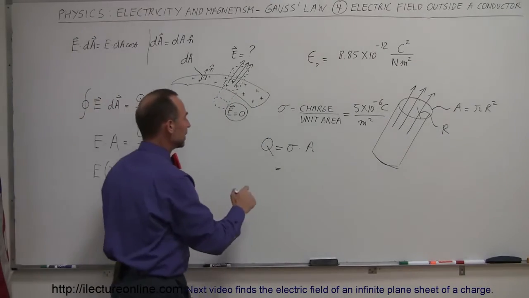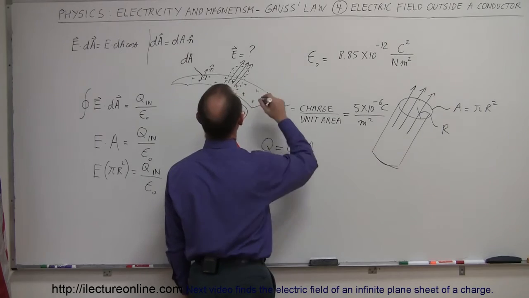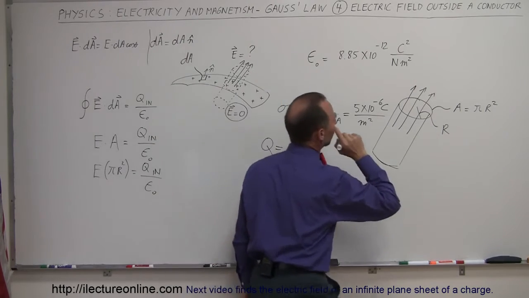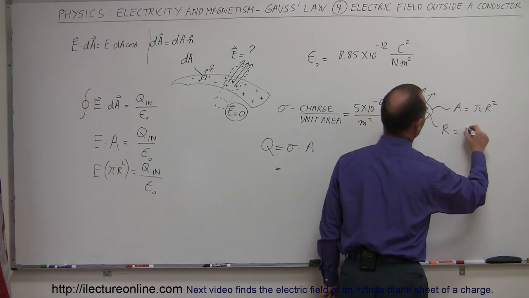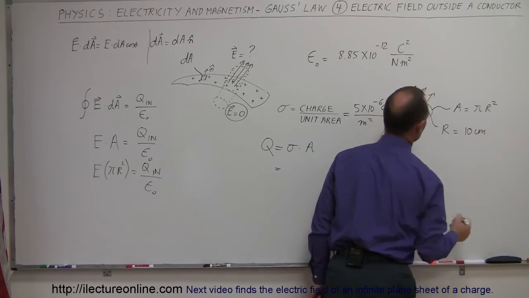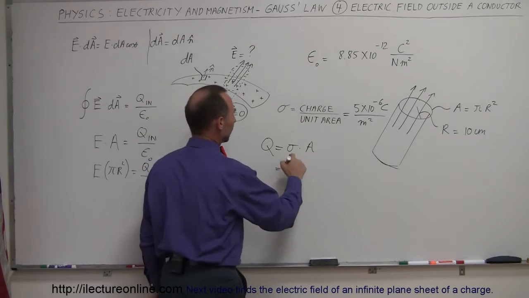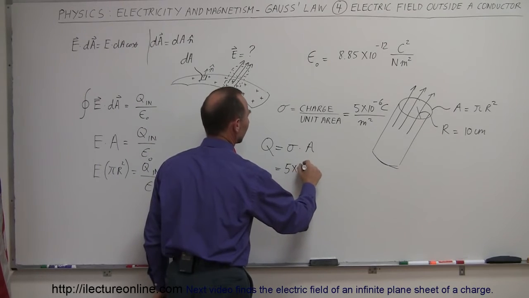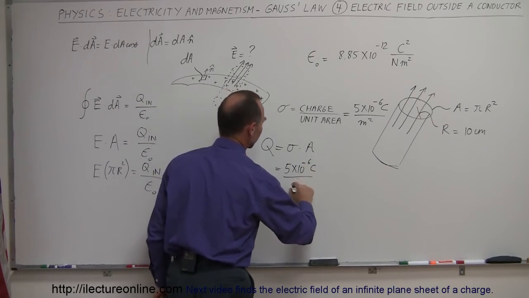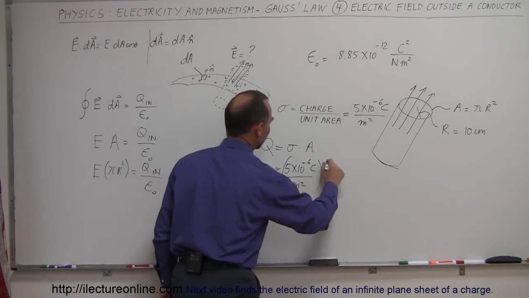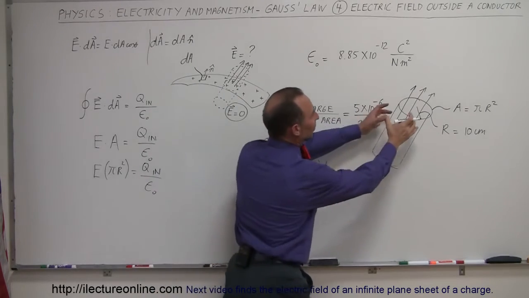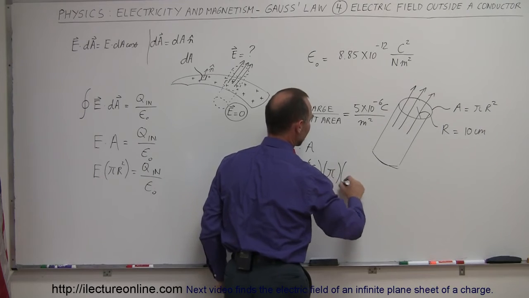So now we can plug that in here. And let's say that we want a radius. Let's call the radius r equals 10 centimeters. All right, so let's plug that in here. So we have sigma, which is 5 times 10 to the minus 6 coulombs per square meter, times the area. And of course, it would be the area of the end of that cylinder, which is pi times the radius squared.